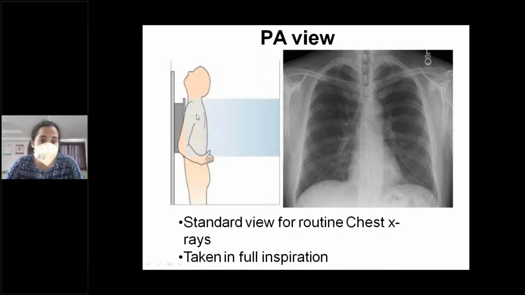When the patient is in this position, his scapula, which tends to overlap the radiograph, will be positioned away from the chest field. So here you cannot see the scapula. Due to the positioning of the hand, the scapula have moved away from the lung fields. Now the lung fields are made even more clear.